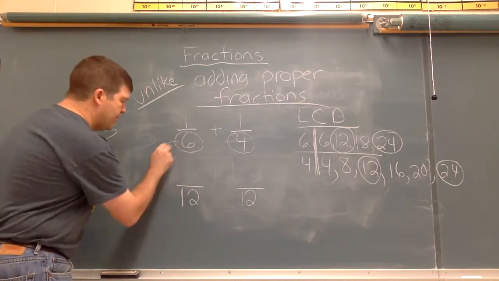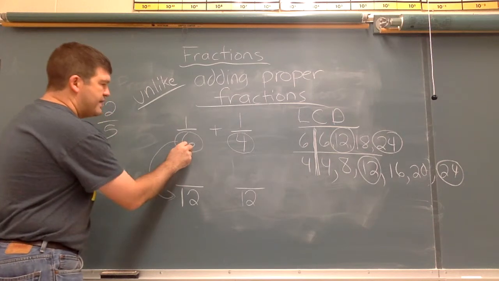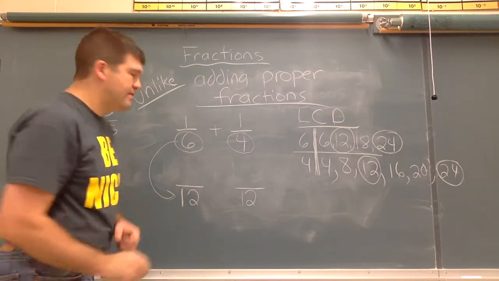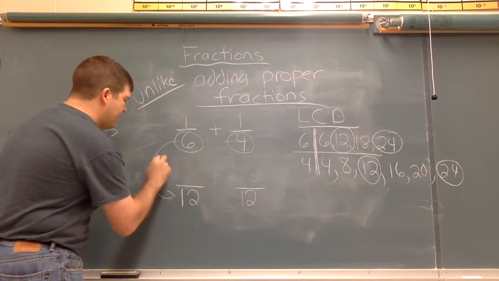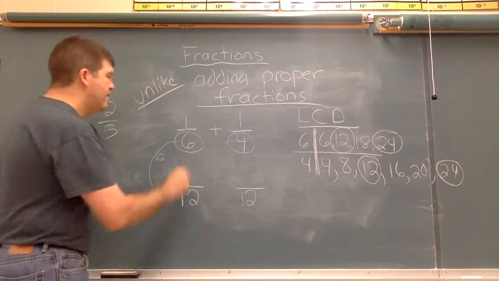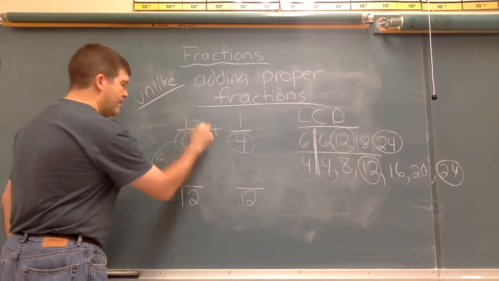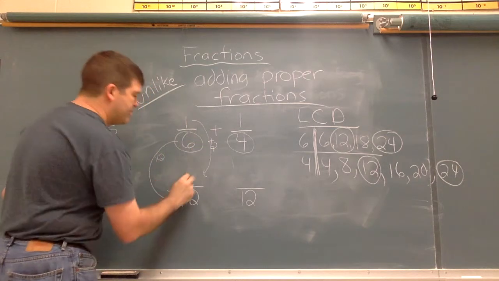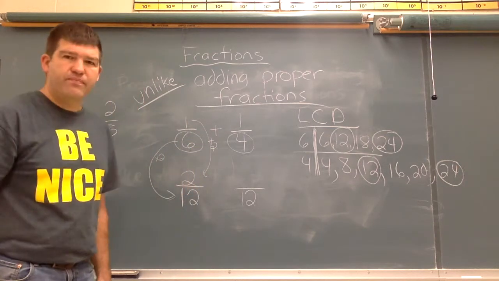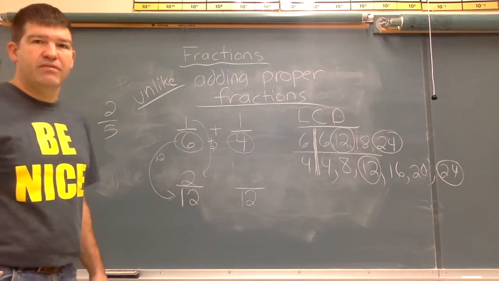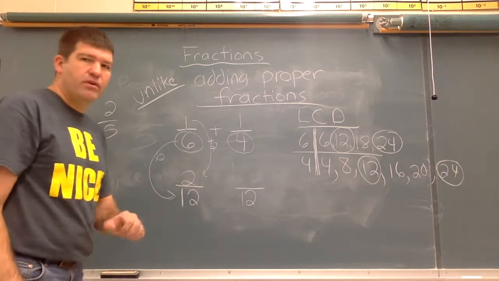So what did I do from 6 to get it to 12? Well, I did it 2 times. So 6 times 2 gets me to 12. Now, so I have to do that times 2. 1 times 2 is 2. 2 twelfths is equivalent to 1/6. Equivalent fraction, same value. We're good.